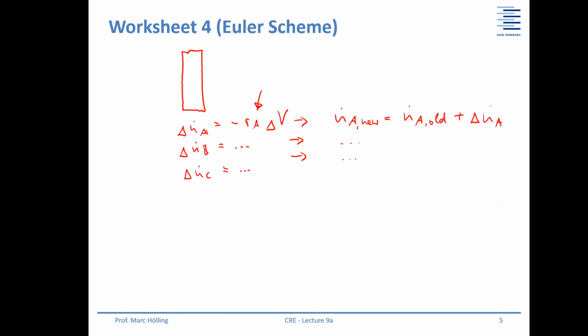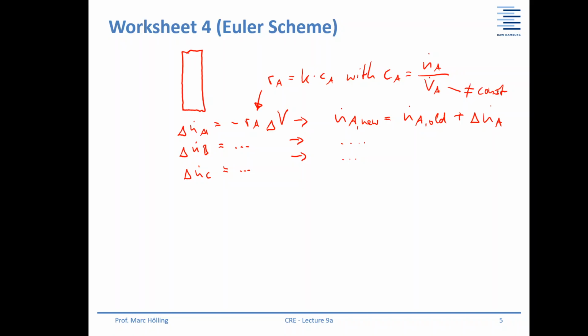For our reaction rate, we need rA is k times cA, with cA being the mole flow divided by the volume flow, and this is not constant since we have a changing density in this system.